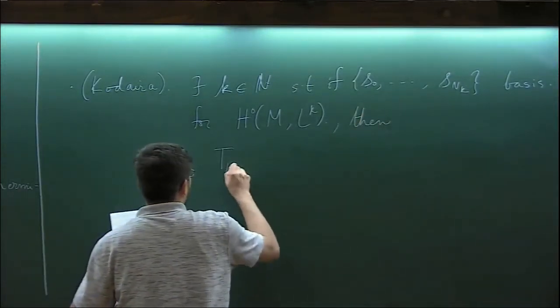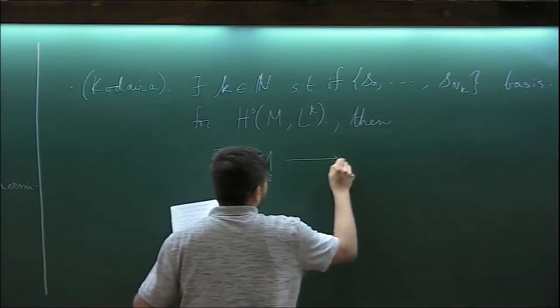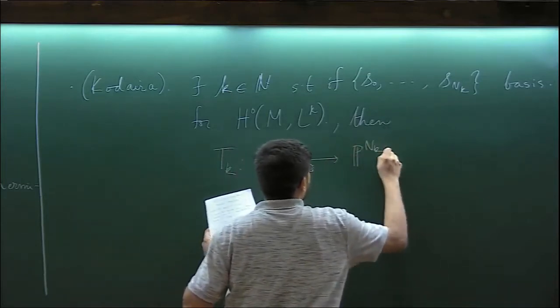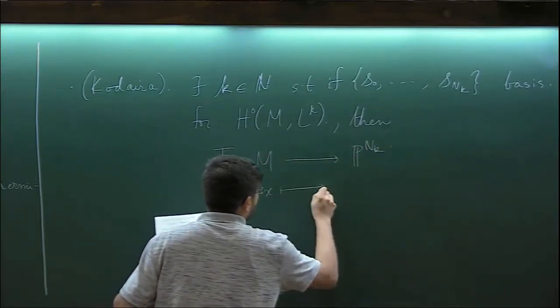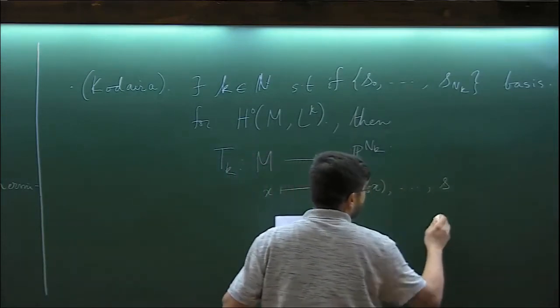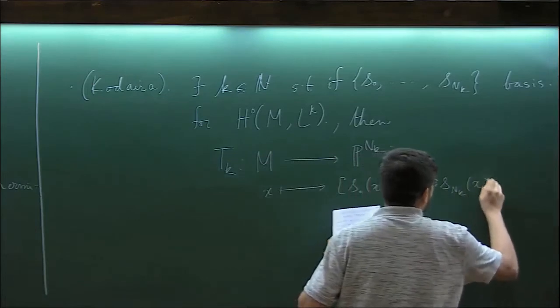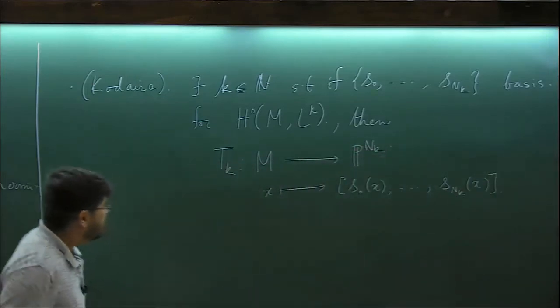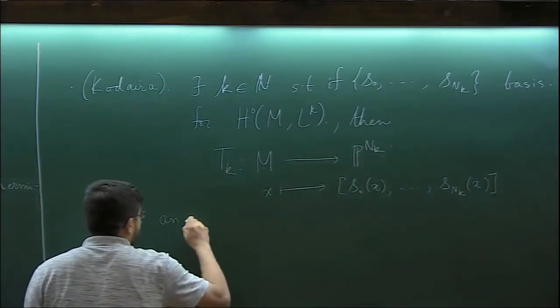and you look at the following map, x goes to the evaluation of these sections at x, then this is an embedding.